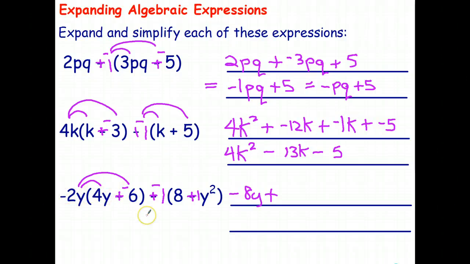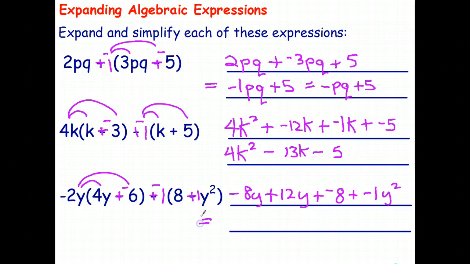Negative times a negative is a positive, so that's positive 12y, plus negative 1 times 8 is negative 8, plus negative 1 times 1 is negative 1, y squared. So I get a negative 1 y squared.